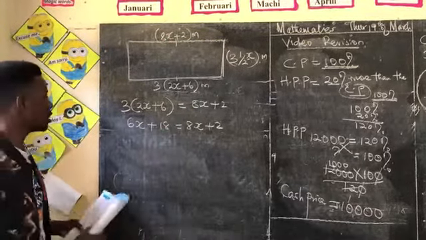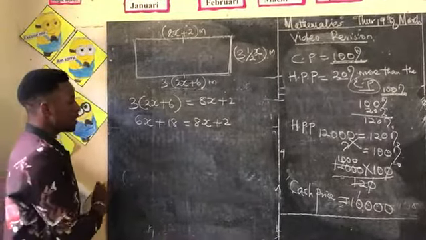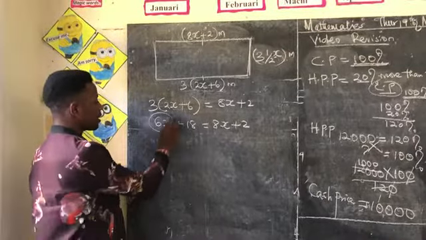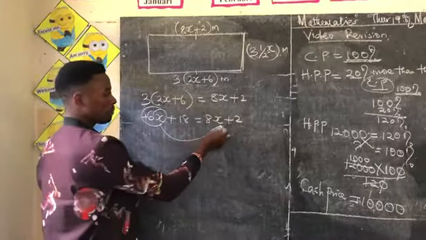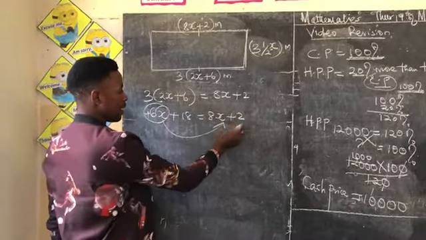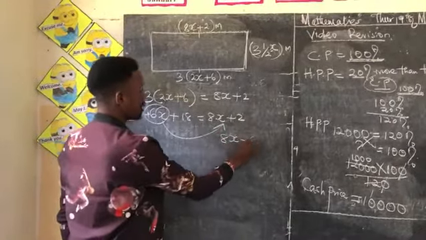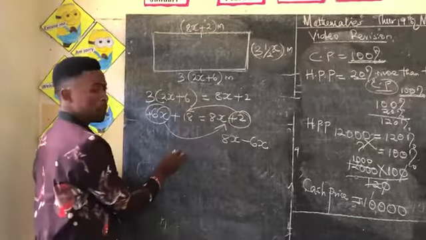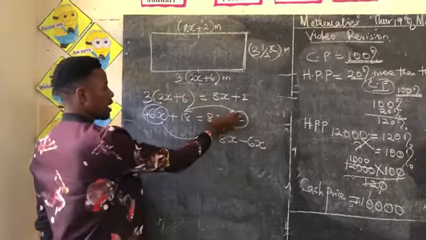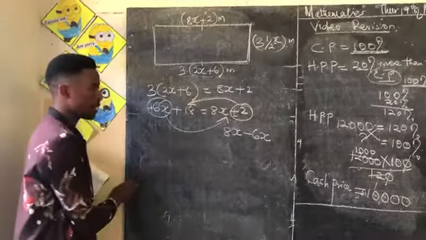Now we are solving the equation. We put the like terms together. So this will be 6x to shift to the other side is positive, remember. So it will be minus, so 8x minus 6x. Then positive 2 to shift to the other side, it will be minus, because a positive sign, when it crosses an equal sign, becomes negative.